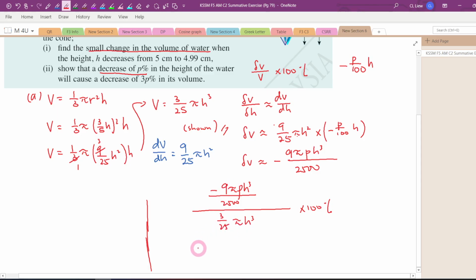So this one you can change, it becomes negative 9 pi p h cubed over 2500 multiplied by, just flip over the numerator and denominator, 25 over 3 pi h cubed, times 100.